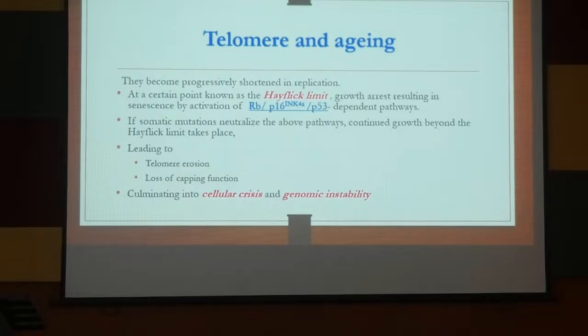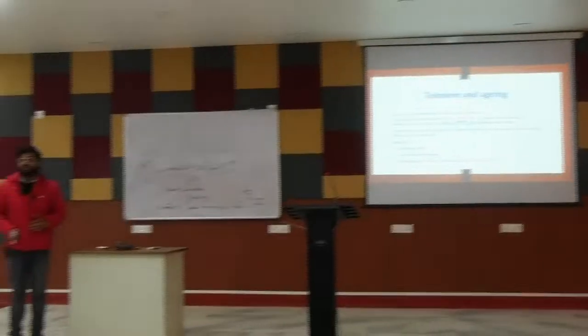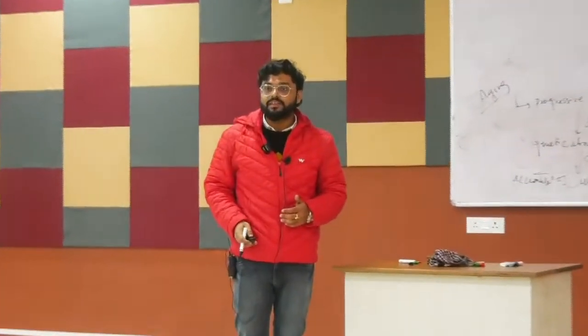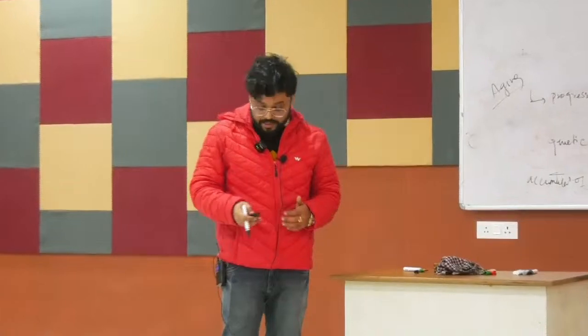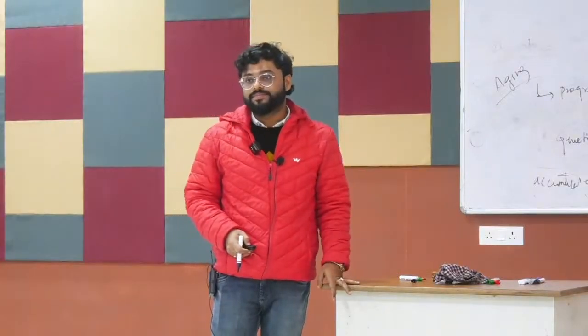But সেই Hayflick limit পর্যন্ত সেলের মধ্যে অনেক কটা ড্যামেজ অলরেডি আছে। বাট সেল যদি তারপরেও অ্যাক্টিভ হয়, তার রেপ্লিকেশন যদি অ্যাক্টিভ হয়, তাহলে ওই ড্যামেজ ম্যাটেরিয়ালটারই রেপ্লিকেশন হয়ে যাচ্ছে। এটাকে বলা হয় telomere erosion, এটাকে বলা হয় genomic instability.